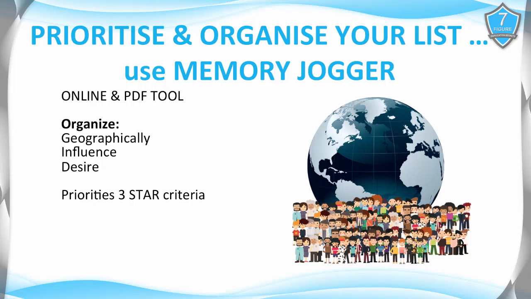And then you give what we call the 3-star criteria. So you organize your list and you go through step by step each name on your list, and you either give it 1, 2, or 3 stars. And the way that we do that is we actually think about people who are local to us, people who we have the best relationships with, and people who have the largest influence and the greatest desire to change their life.